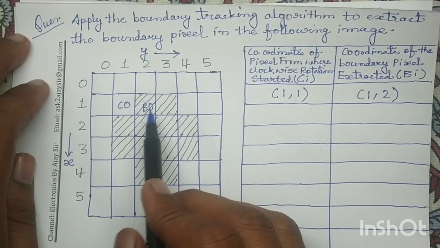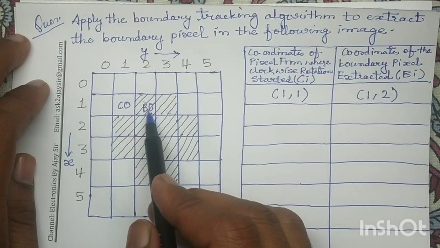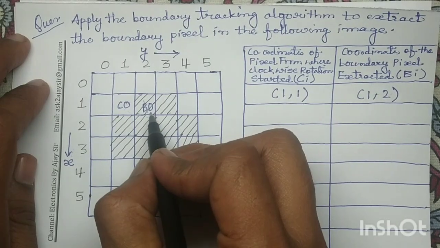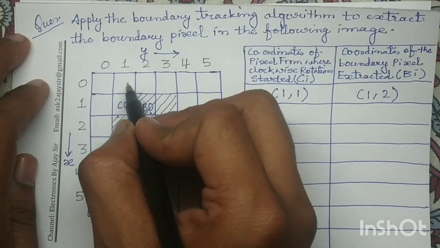Now after writing the coordinates of B0 and C0, next we have to target the 8 neighborhood pixels of B0.